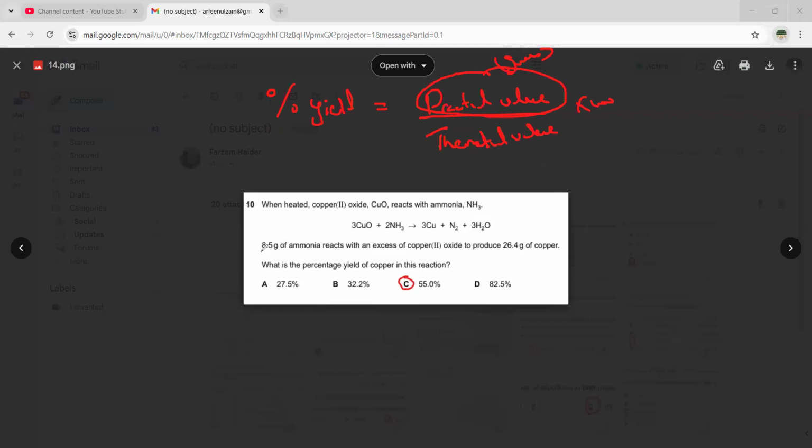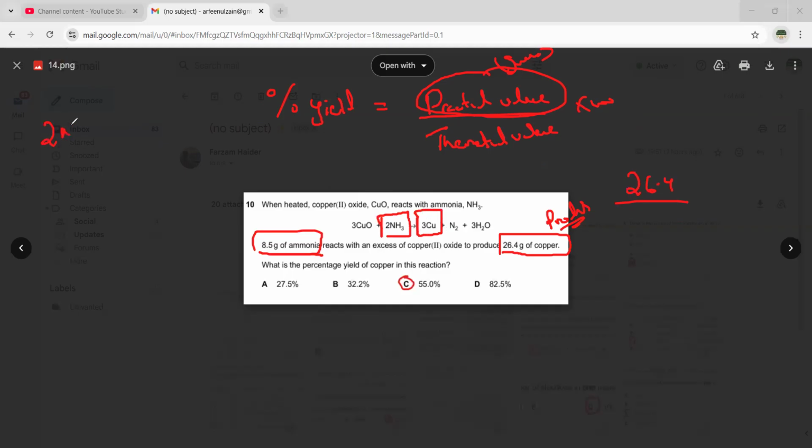So if you see 8.5 grams of ammonia react with copper oxide to produce 26.4 grams of copper, copper is a product and we always find the percentage yield for a product. So we have the practical value. The practical value is 26.4. Now I need a theoretical value. According to theory, according to the equation, how much product I should get. So I have the mass of ammonia and I need the mass of copper which the equation suggests. So I'll take a ratio of the mass between ammonia and the copper, including the coefficients.